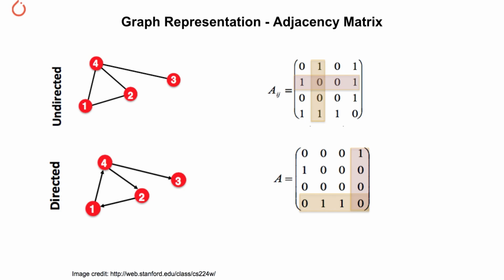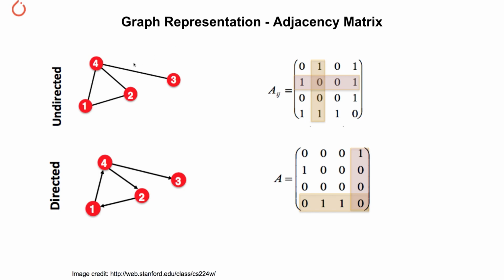So the other concept that I'd like to cover is graph representation. Like I mentioned at the beginning of the video, a big part of graph neural networks is pre-processing your data in the form of graph representation, so your model can take it in as graphs. So the adjacency matrix is a very popular way to represent a graph, and I think many of you already know it.